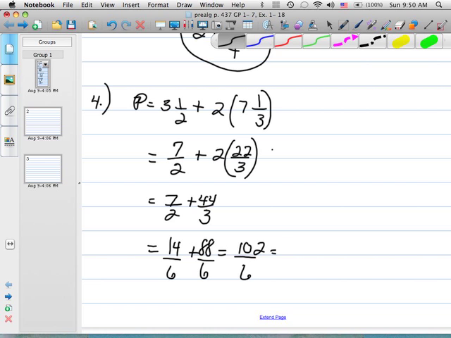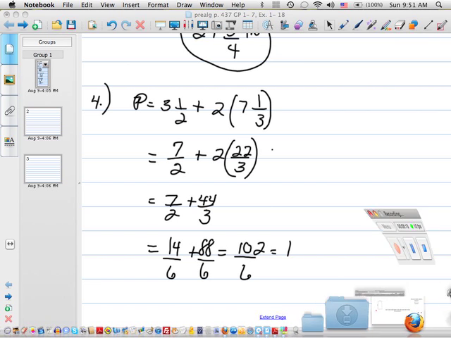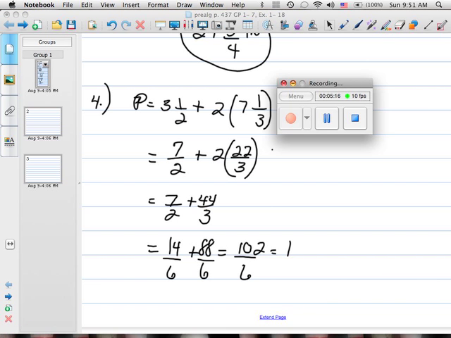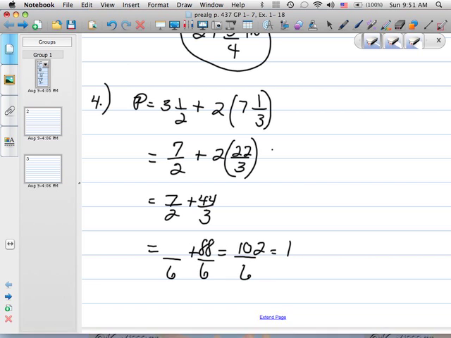6 goes into 10 once. Okay, I found my mistake here. It was back here. 2 goes into 6, 3. This is 21.